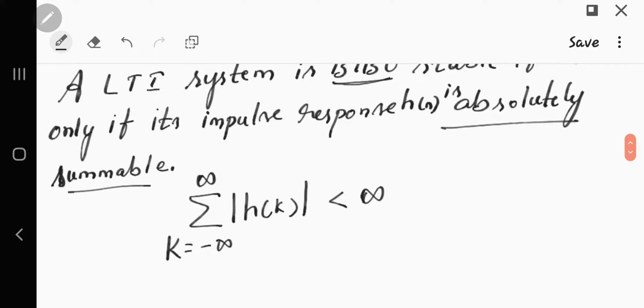Bounded output means the output should also result in a finite value, less than infinity. Then only the system is said to be stable. And here we have used modulus, or you can consider it as magnitude, whichever suits you. That means it should only produce positive values. Okay, so that value should be less than infinity.